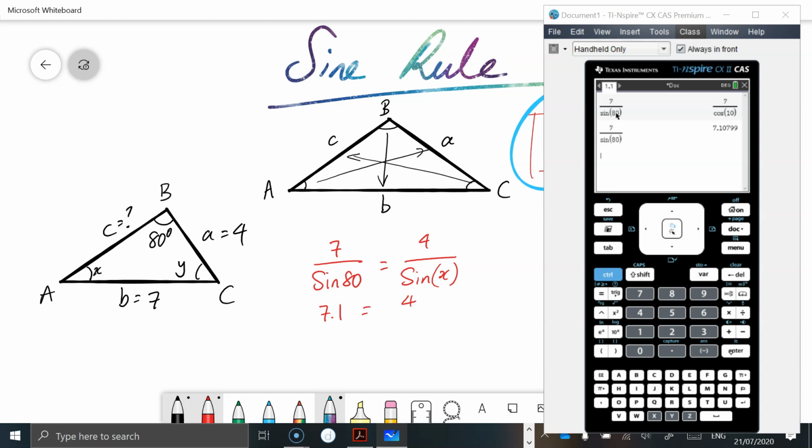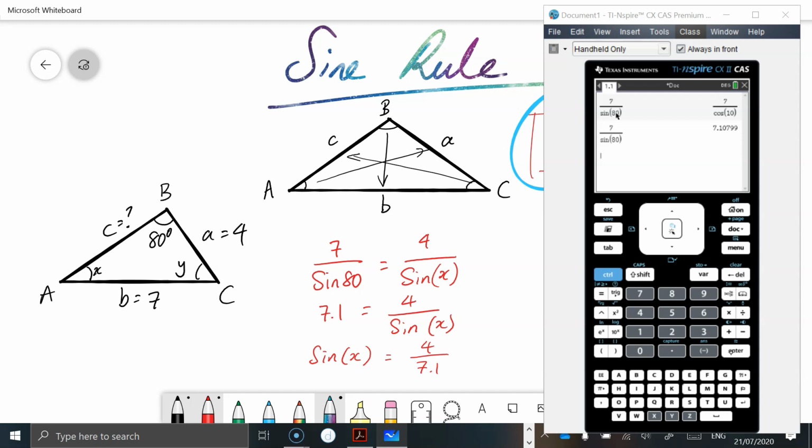And we've got 4 over sine of x. Now remember, through other trigonometry, when your variable is at the bottom, we want to have it on the top. A quick easy method is to switch them around. So we get sine of x is equal to 4 divided by 7.1.